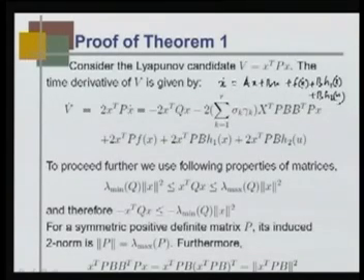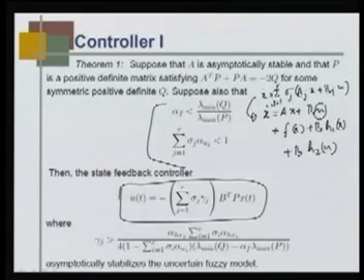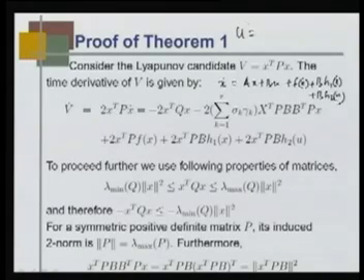And u we have already defined: u is minus sigma j equal to 1 to r sigma j gamma j B transpose P x. So, this is my u.